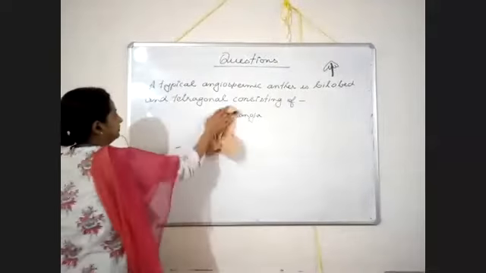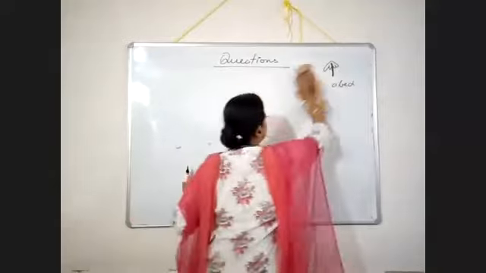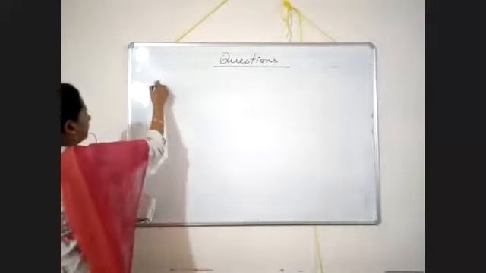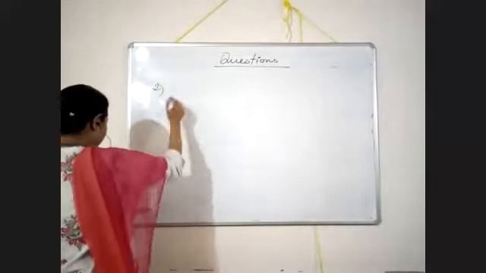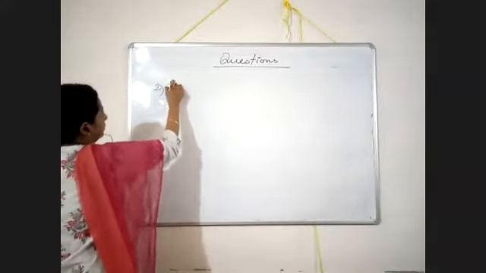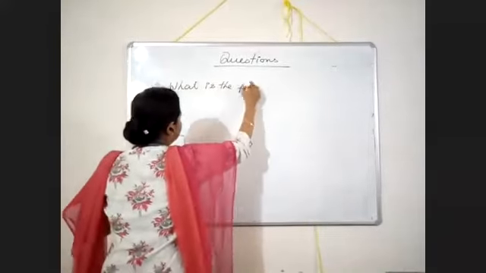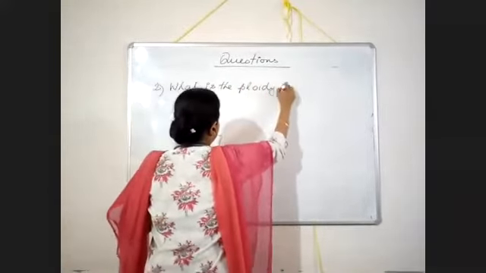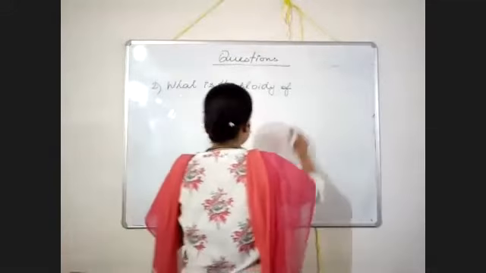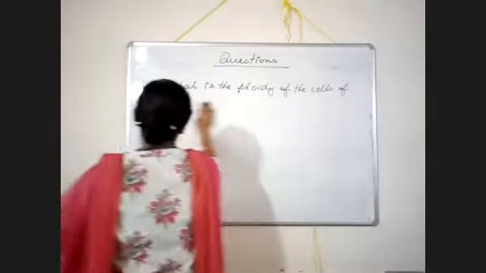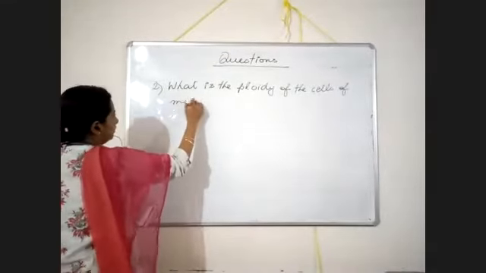Let's go to the second question. Simple question, is it? What is the ploidy of the cells of a microspore tetrad?